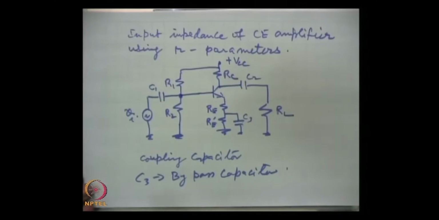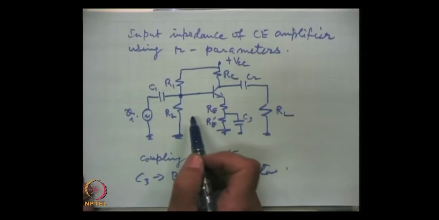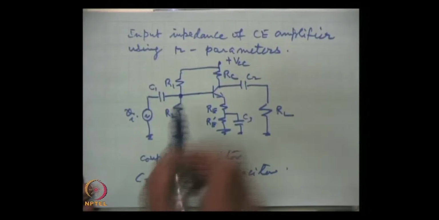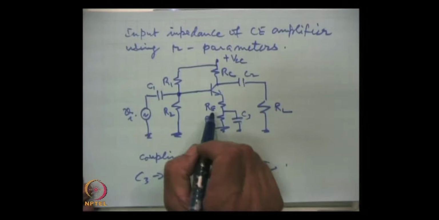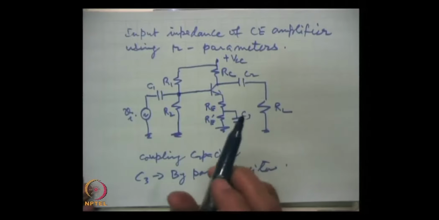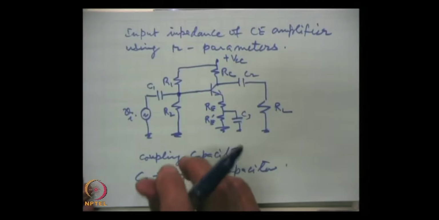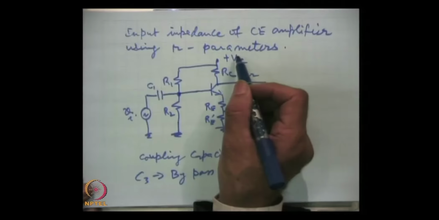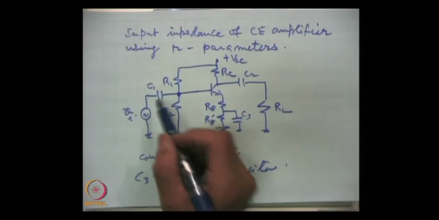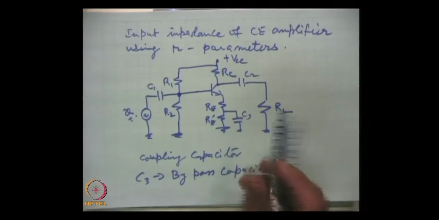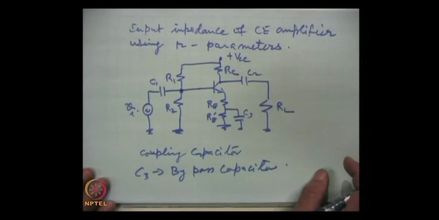Now, to find the value of effective impedance, we draw the equivalent AC circuit for this, and remember the thumb rules for the analysis, that DC source is to be grounded, the coupling capacitors and the bypass capacitors all have to be shorted.